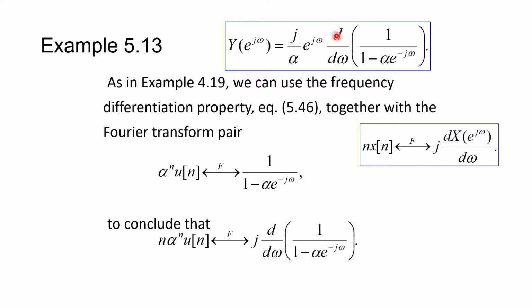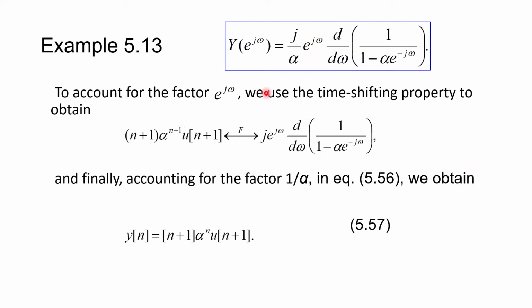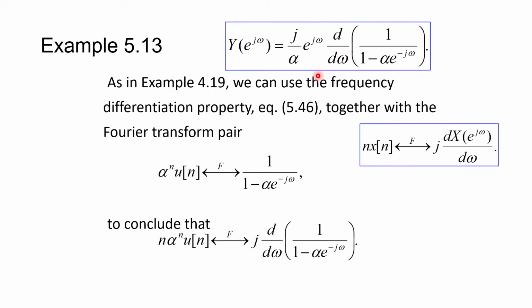We are almost there, except we need to divide both sides by H of alpha, and we also have H e to the j omega. Okay, so we can multiply the H alpha here, and if we want to get the H j omega here, we can use time shift on this side.